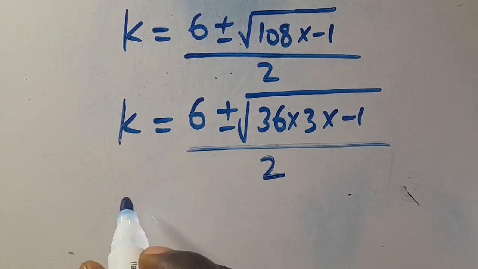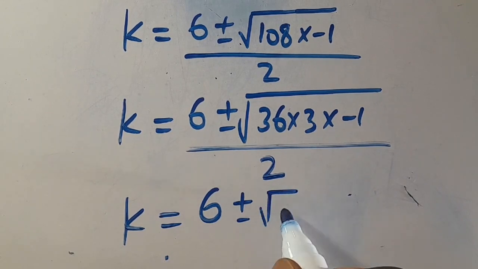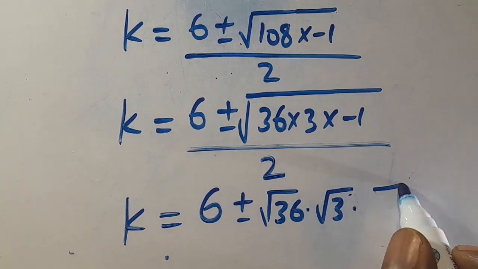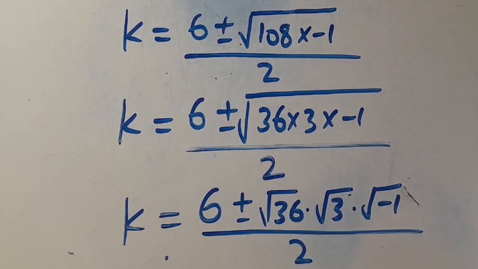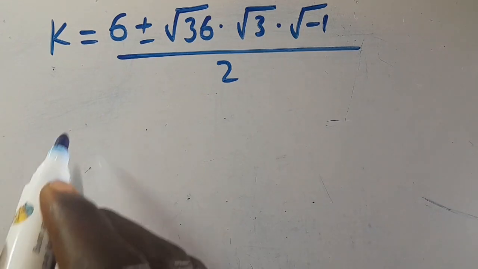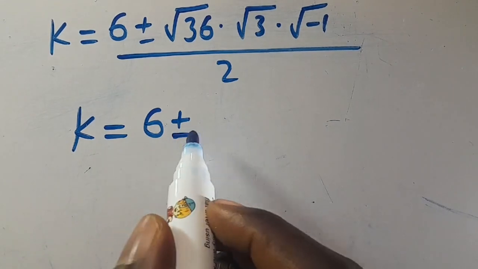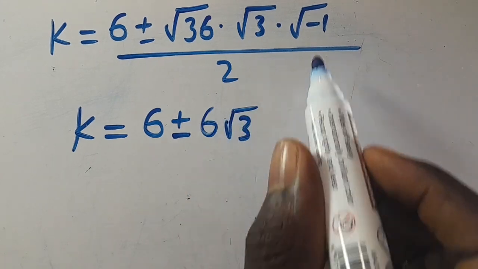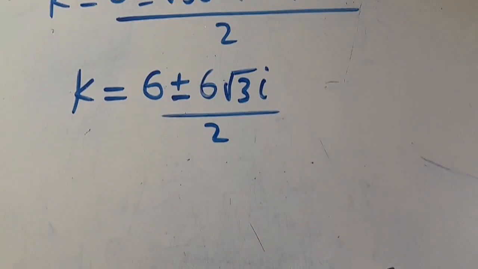So from here we have k equals 6, positive or negative, root of 36 multiplied by root of 3 multiplied by root of minus 1, all divided by 2. Root of 36 will give us 6, multiplied by root 3, and root of minus 1 will give us i, divided by 2.